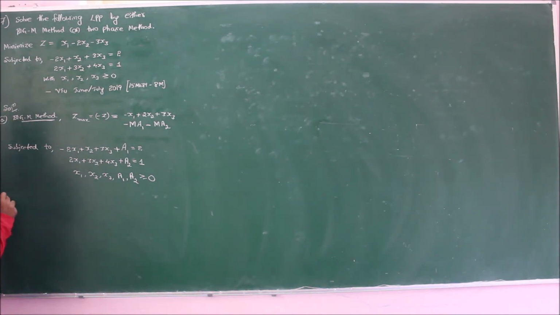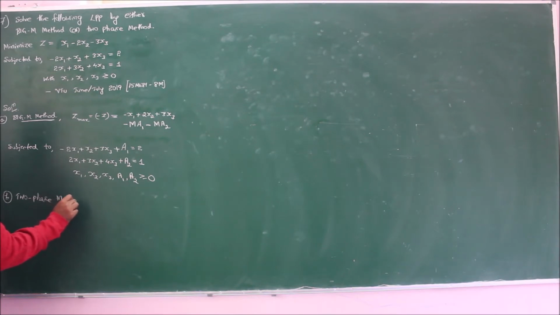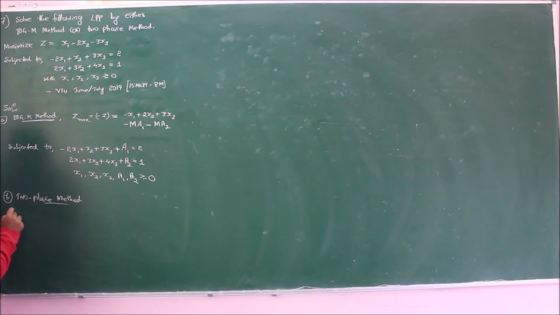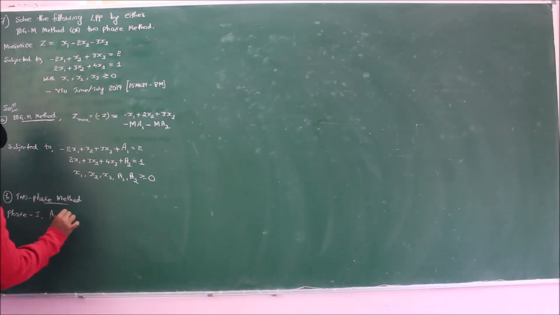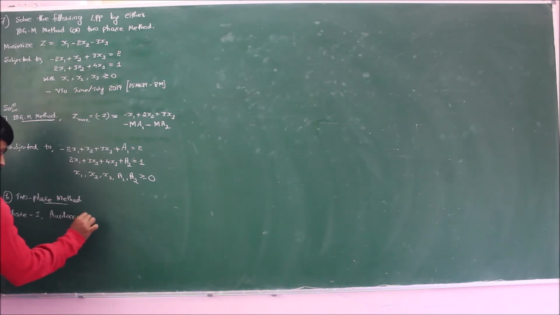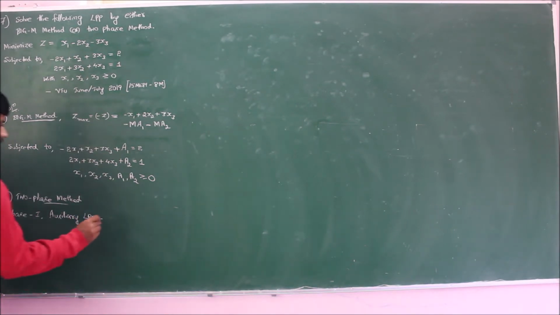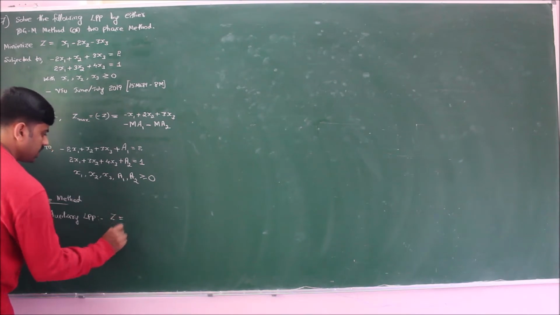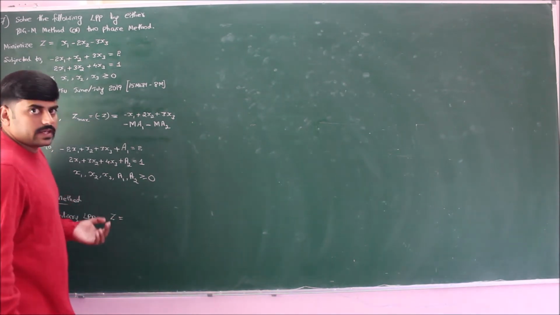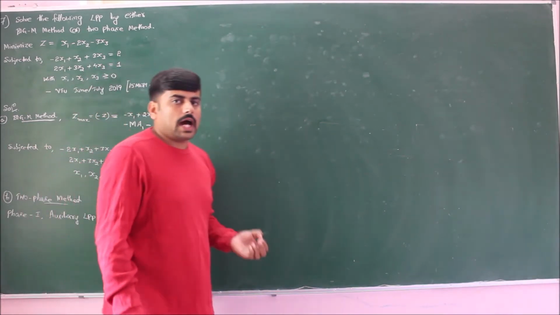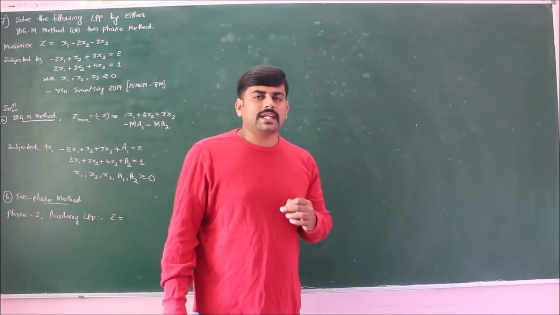Similarly for case B, if I solve using the two-phase method, for phase 1 we have the auxiliary LPP written as: give coefficient 0 for all the variables except for the artificial variables. For the artificial variables we should give the coefficient as minus 1.